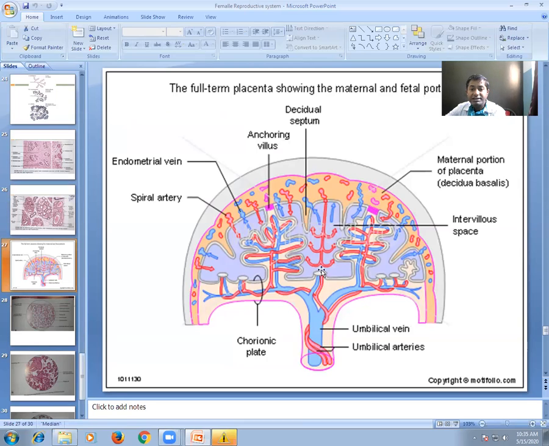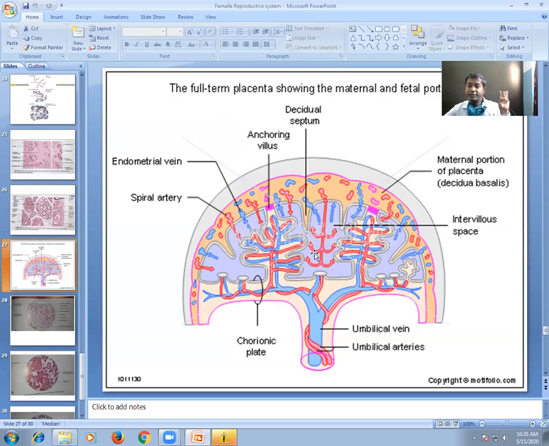Now, this is the placenta. This is the maternal part of the placenta, known as the deciduobasalis, and this is the fetal part. From the fetal part, chorionic villi arise. They are of two types in this diagram: anchoring villi, which are anchored to the deciduobasalis, and the free villi.